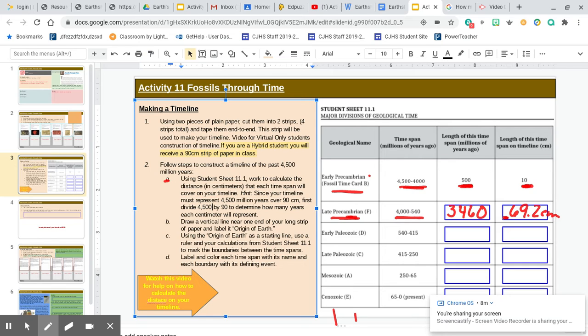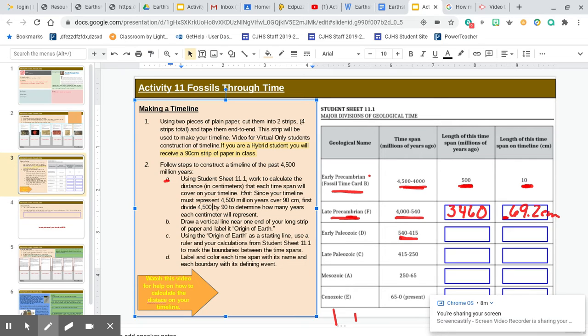Okay. Let's do one more together, and then you can finish out the rest of these. The early Paleozoic time period happened from 540 million years ago to 415 million years ago.